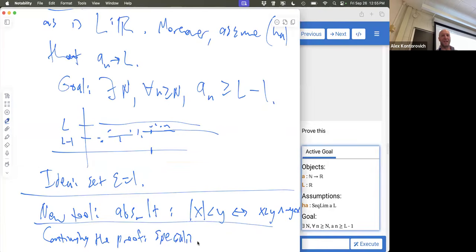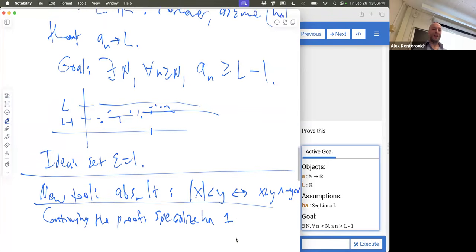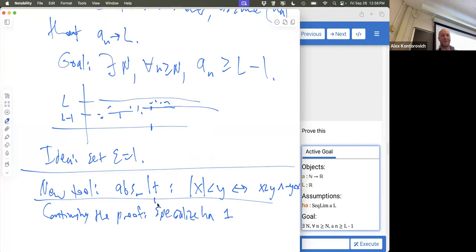Specialize HA. HA starts with for all epsilon greater than 0, set epsilon equal to 1, and then we need a little have F0, that 0 is less than 1 as real numbers. And that's by norm_num. I'm going to need to feed this F0 into this specialization. Then HA will be what?